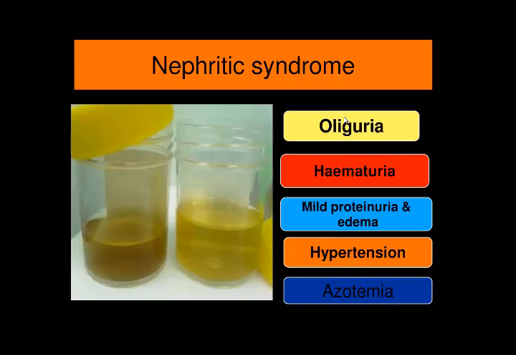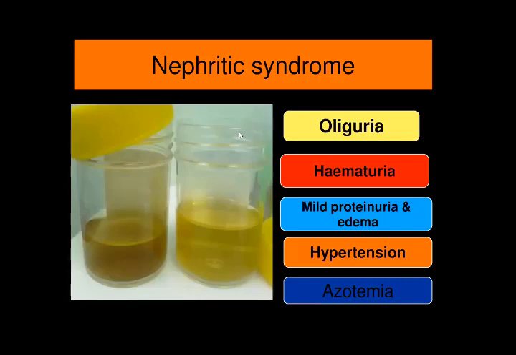So by the end of the lectures in kidney, you must be able to recognize nephritic and nephrotic syndromes, rapidly progressive glomerulonephritis, and then which disease was the causative agent, or what to treat.